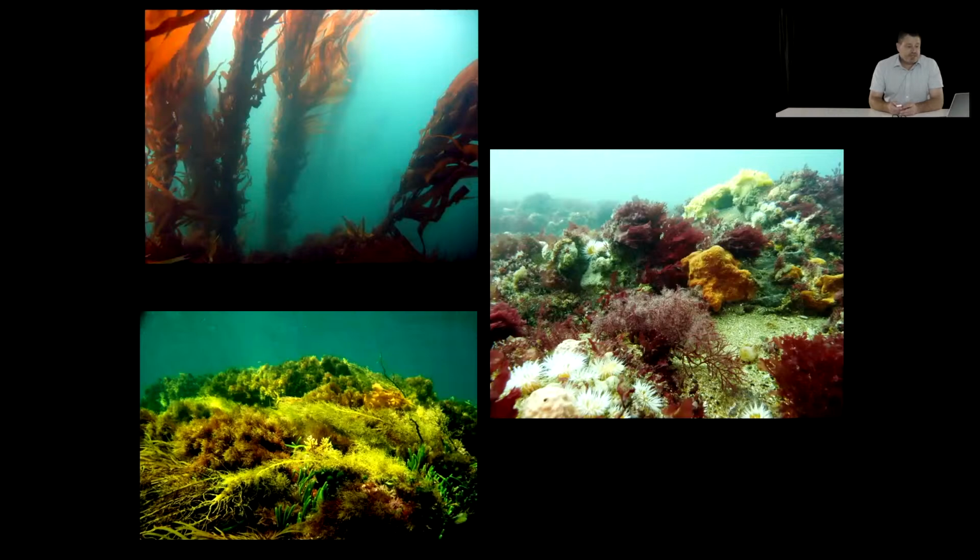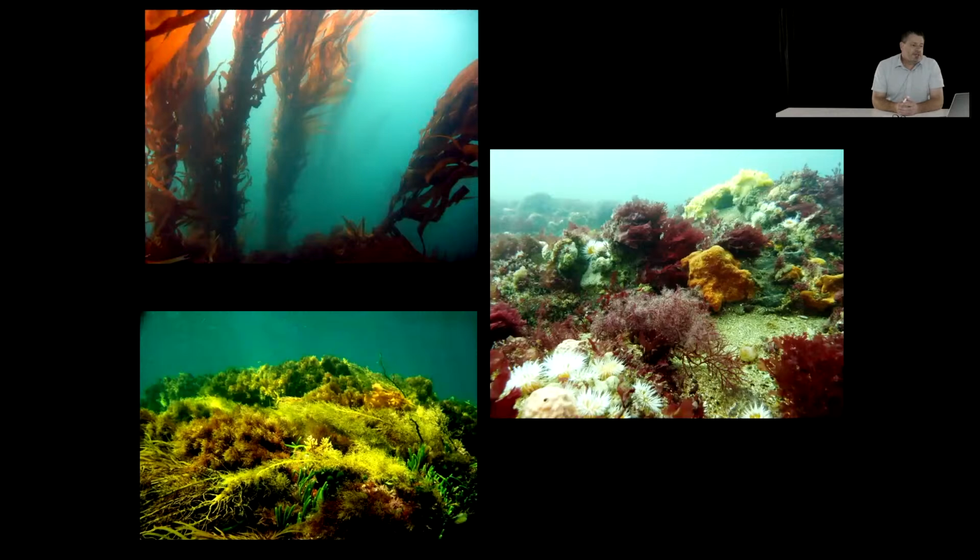The final image there is a rocky reef just a little bit deeper in about 17 metres. So in the Tamar, light penetrates down to about 17 metres and supports photosynthesis, whereas beyond 17 metres, there's no plants, and so you get only marine invertebrates growing.